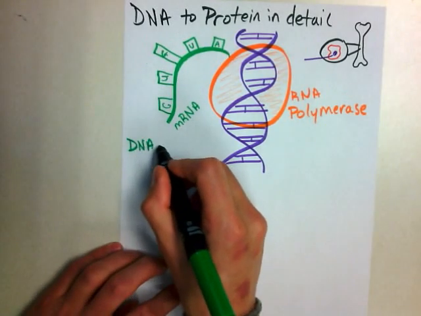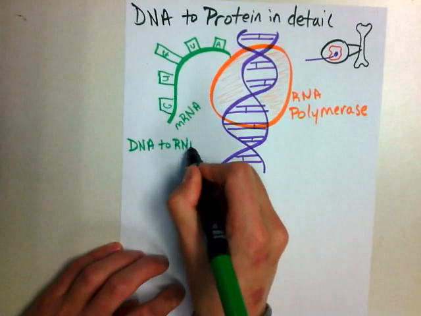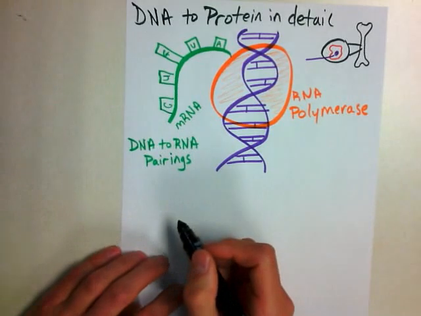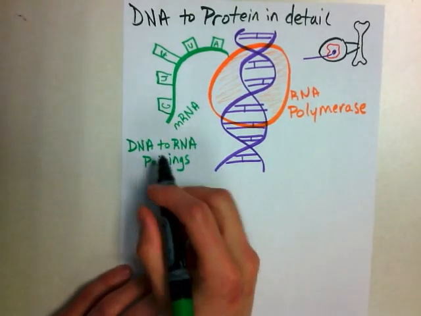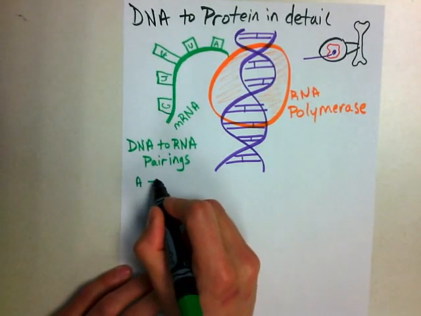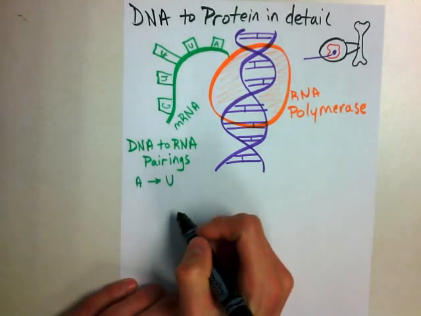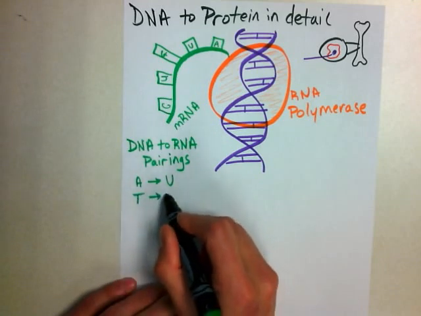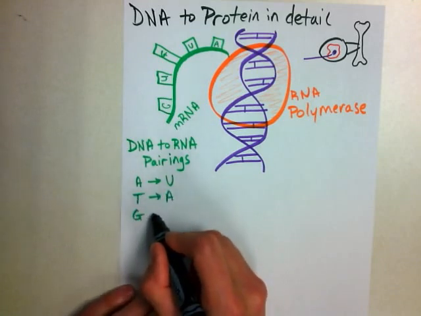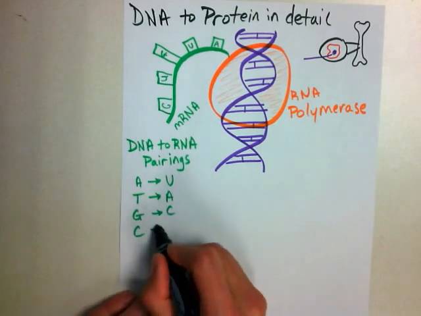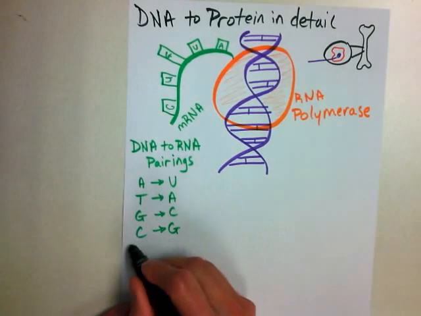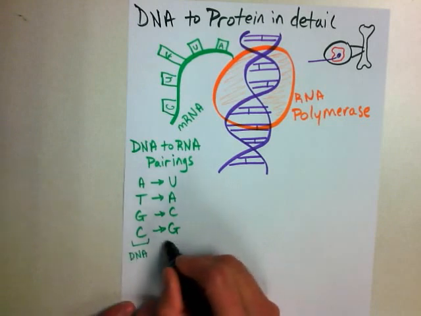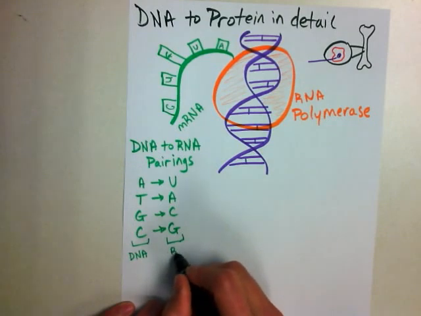So I'll write out the DNA to RNA pairings. The only slight difference is that A in DNA is going to pair to a U in RNA. T is going to pair with A's, and G's are going to be with C's still, and C's are with G's. So just so we're clear, this section right here is DNA. This section right here represents RNA.